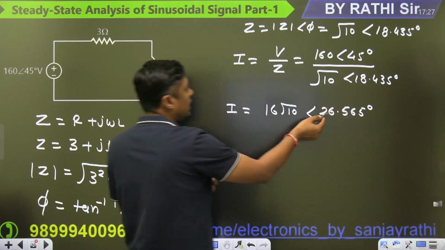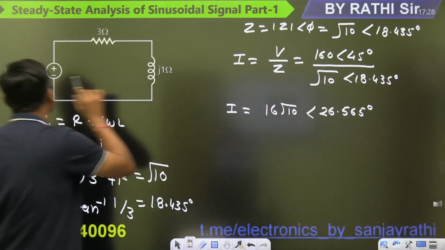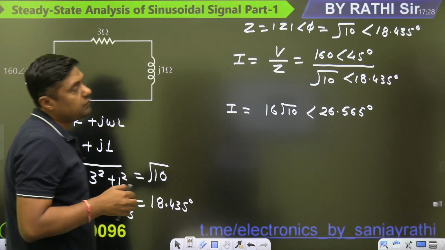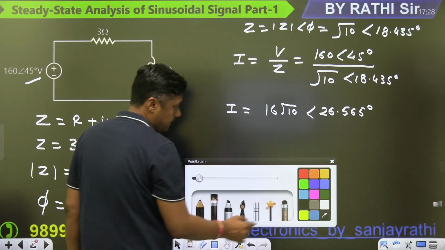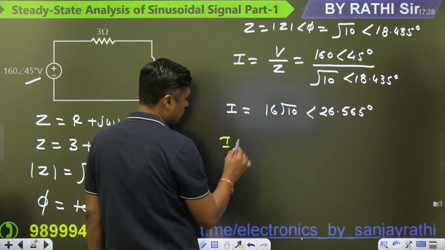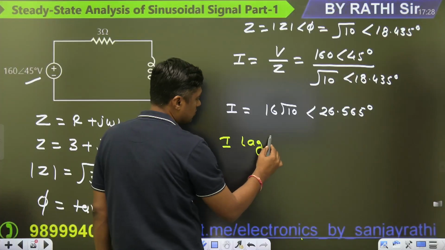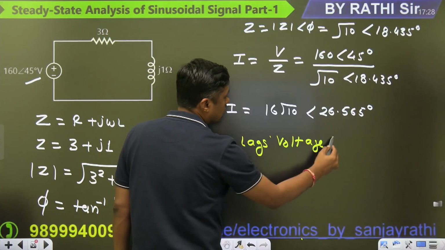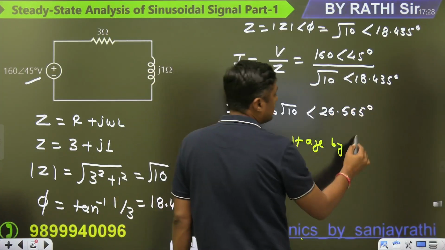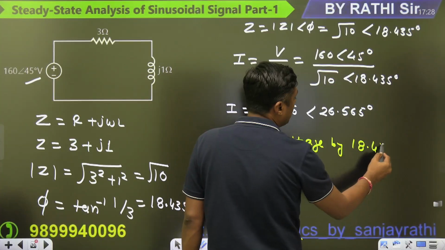This time the angle of the current is less than the angle of the voltage by 18.435, and that's why we can say current lags voltage by this angle, 18.435.